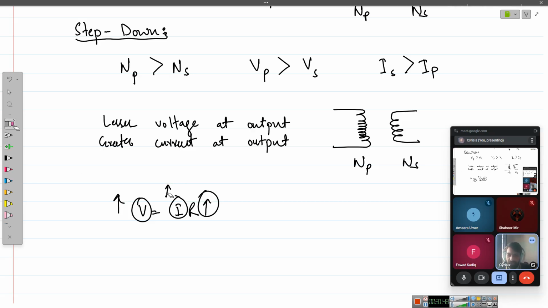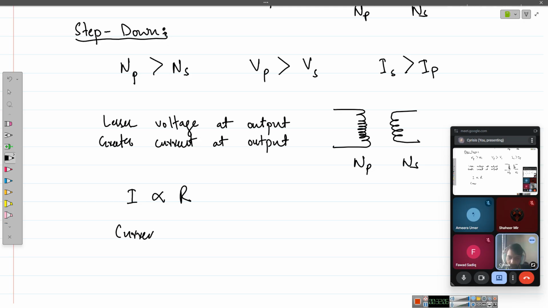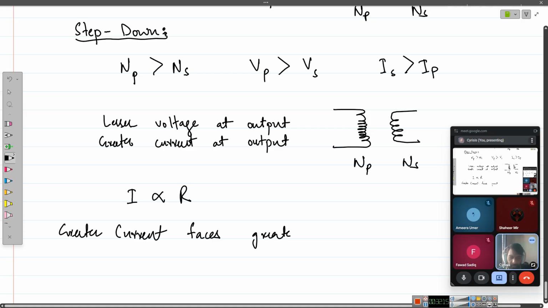So what we try to do is send in higher voltages and very little current, because we do understand that the current and the voltage are related to one another. The greater the current, the greater the resistance, right? Greater current faces greater resistance, right?